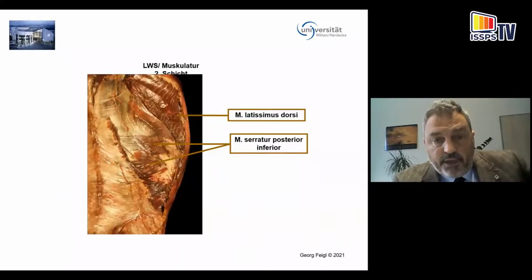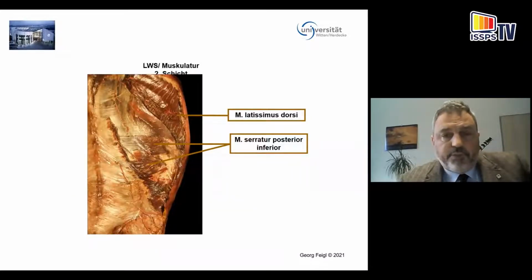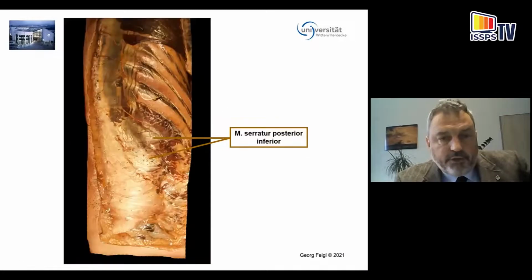If you put away the muscular part of the latissimus dorsi, you see the serratus posterior inferior muscle. In atlases, it's a huge muscle, also drawn. If you have, for example, very aged cadavers, you might find only some small muscular fibers, but they are still visible in ultrasound.